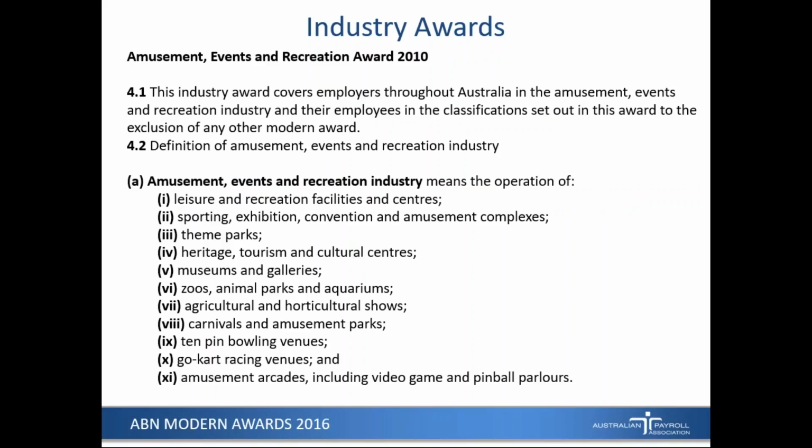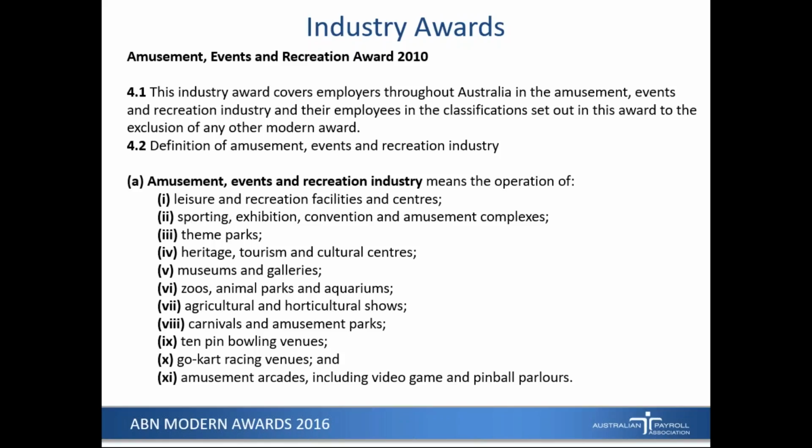So in this award it says, this industry award covers employers throughout Australia in the amusement, events and recreation industry. And it goes on to define in section 4, the coverage section, and you can see it says, amusements, events and recreation industry means the operation of leisure and recreation facilities and centres, sporting exhibition convention centres.